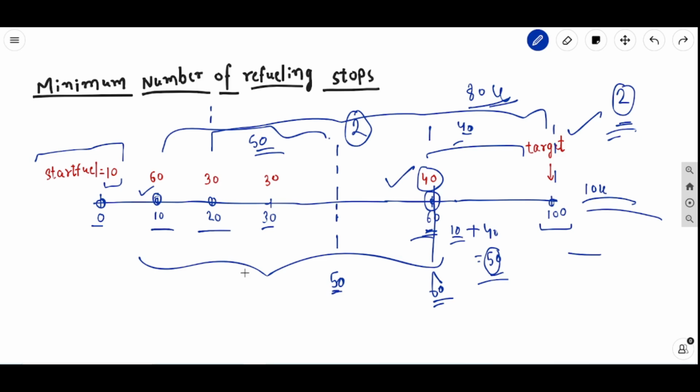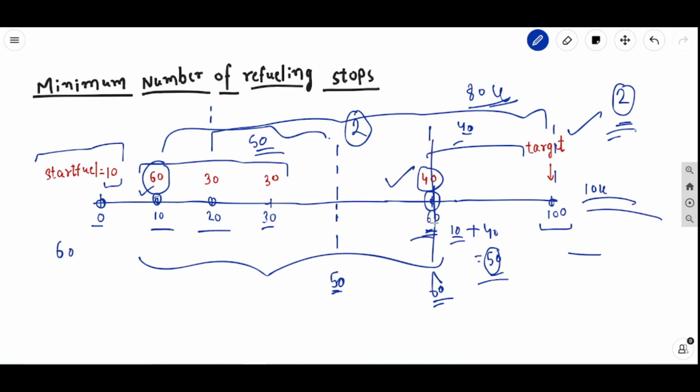Simply keep track of all the gas stations in some container which orders those gas stations by the fuel that they are offering. Like here in this case, out of these 3 gas stations, the gas station at position number 10 will be at the top location, the top priority.